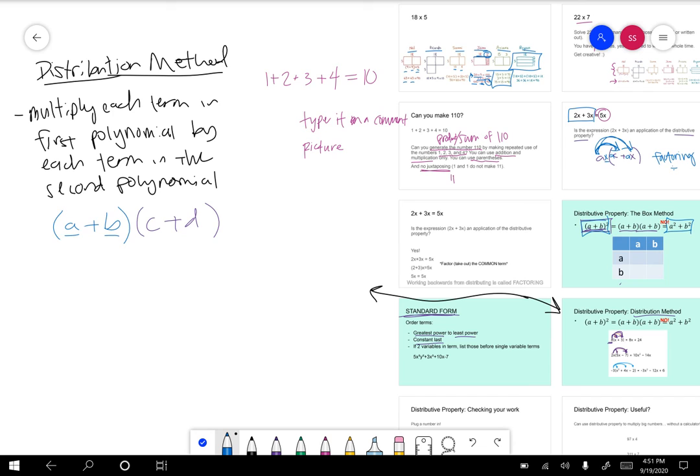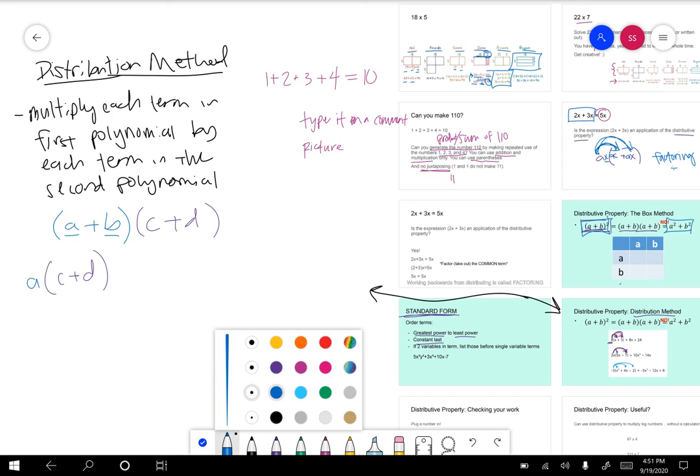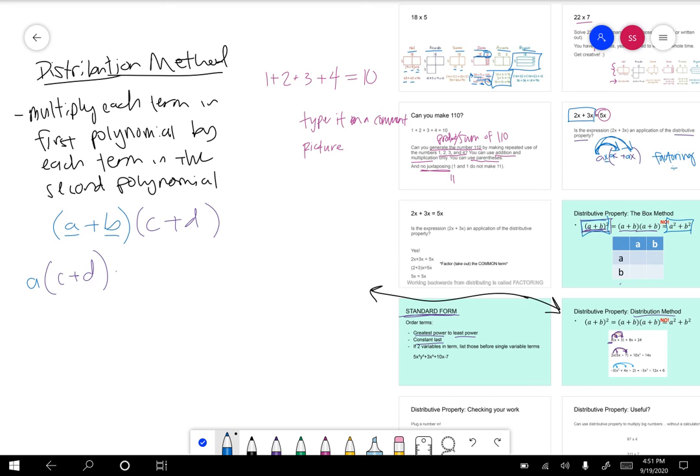Okay, so first step, we would have A, and we're going to multiply it by the second expression. So just the whole thing, write the whole thing out. Next, we have B, and it's positive, so we're going to say plus B times that whole expression. Now we're going to do it just like if we were multiplying a monomial by a binomial.